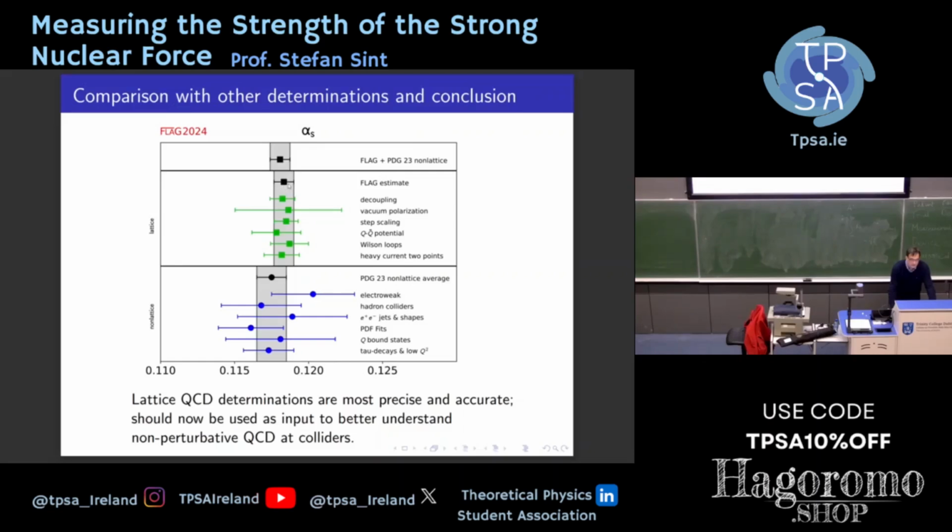And for the FLAG estimate, we are careful not to average over all these numbers, because we want to keep an error that is statistics dominated. You would get a smaller error if you did the average, but we take as a proxy the step scaling and decoupling combined errors, because they are still dominated by statistics. And if you have a statistics dominated error, then you know what's in the tails of your distribution. That's a normal distribution.